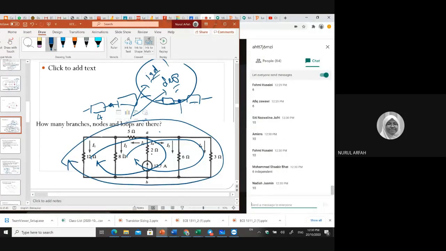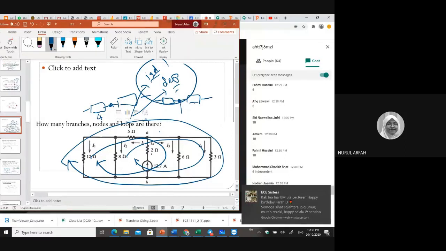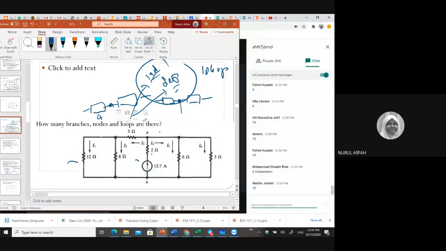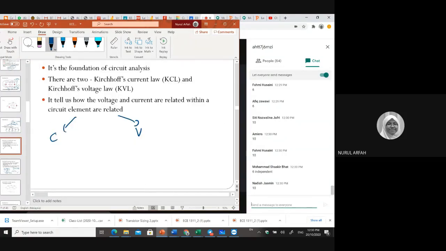Yes. Good. So we have 10 loops of independent and dependent. How many branches? Branches are straightforward. You just count 1, 2, 3, 4, 5, 6, 7. So you have 7 branches, all the elements in the circuit.